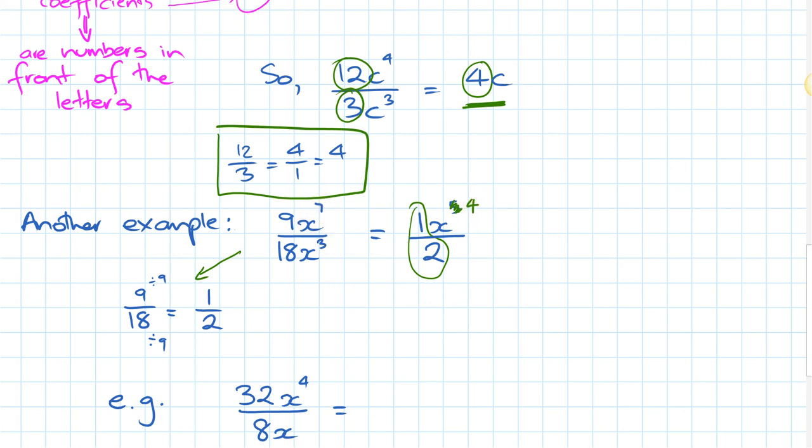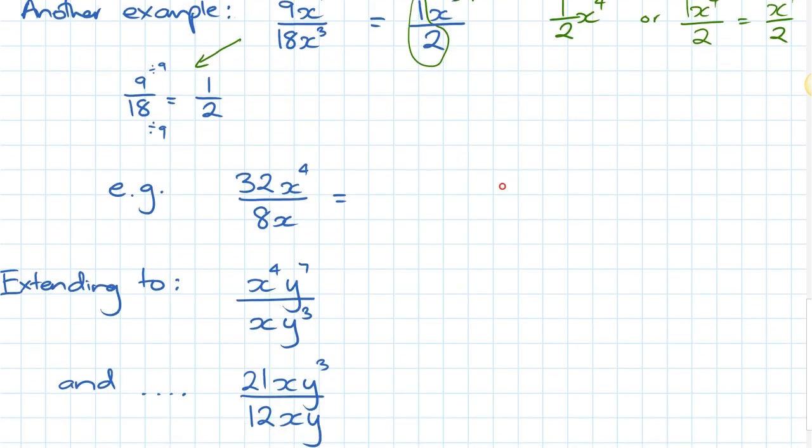So x to the power 7 over x to the power 3 will give us x to the power 4. So you can either write it like this, or you can write it like this. And of course you don't really need the 1 there, you can just write it as x to the power 4 over 2.